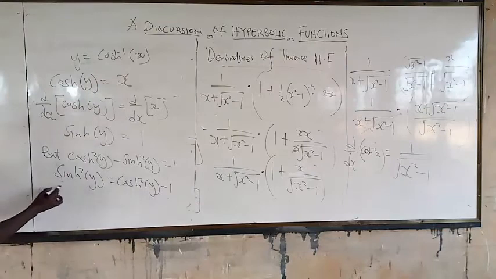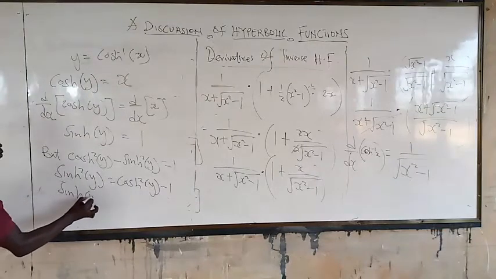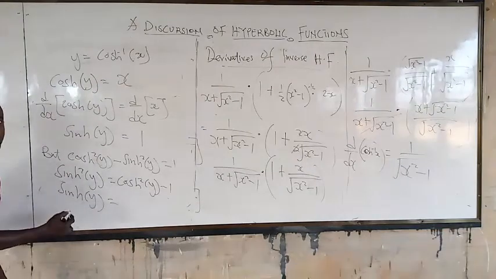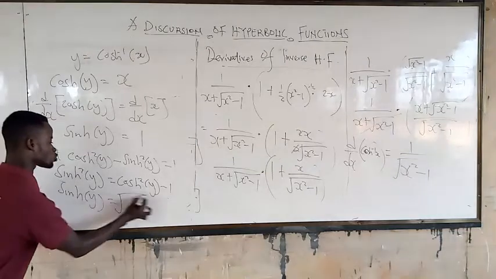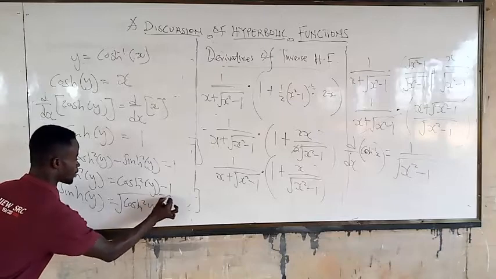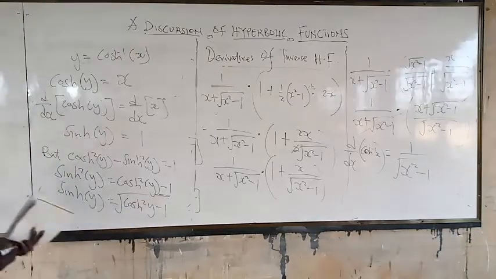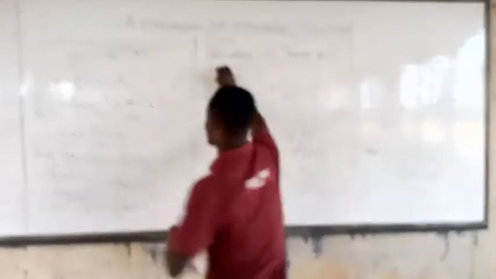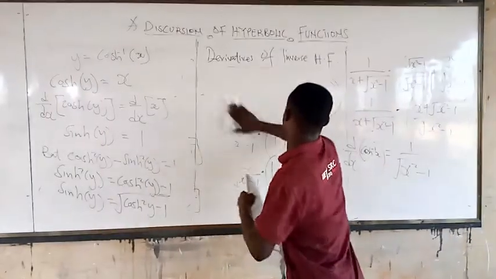Beautiful. So to get sin y, we take square root of both sides, and we get square root of cos square y minus 1. You will have it. So that is the alternative way.